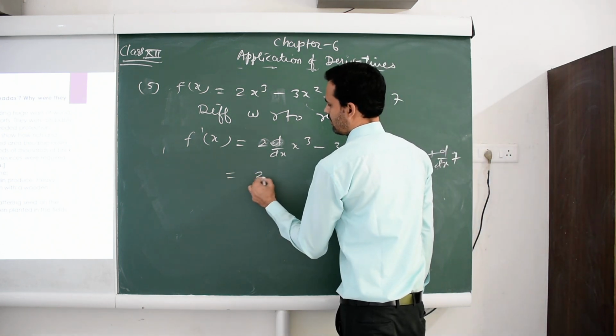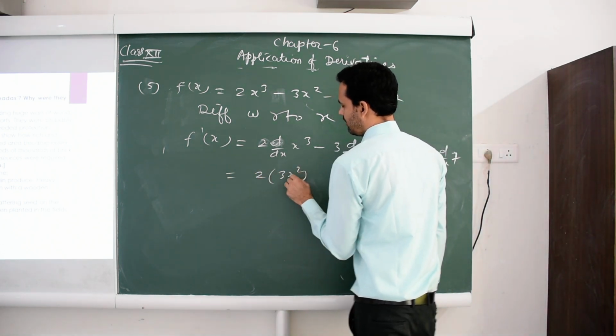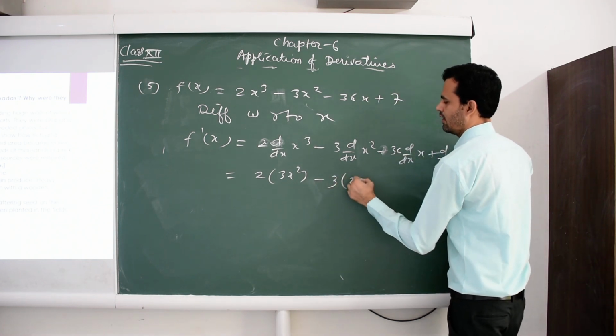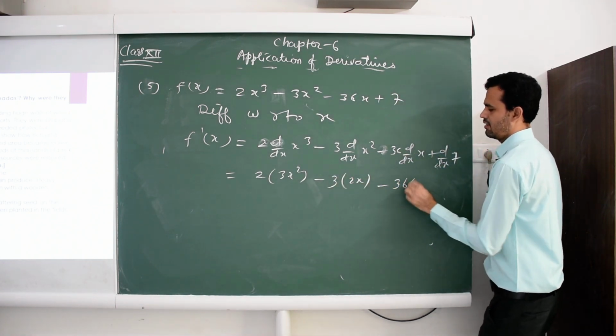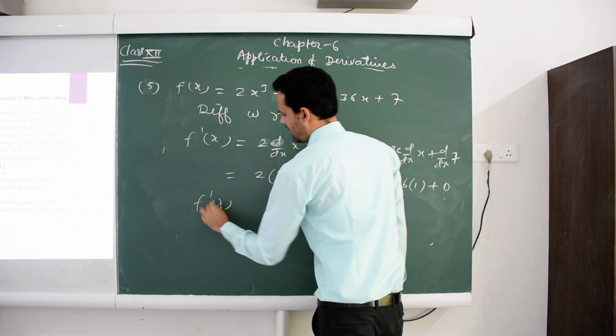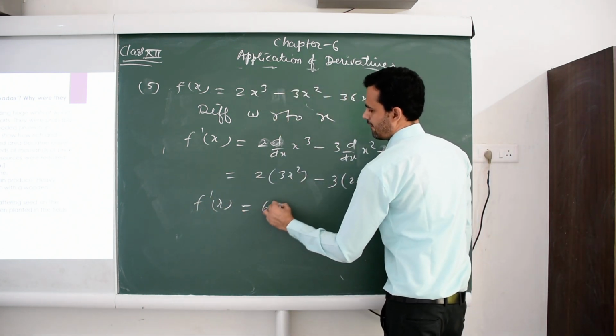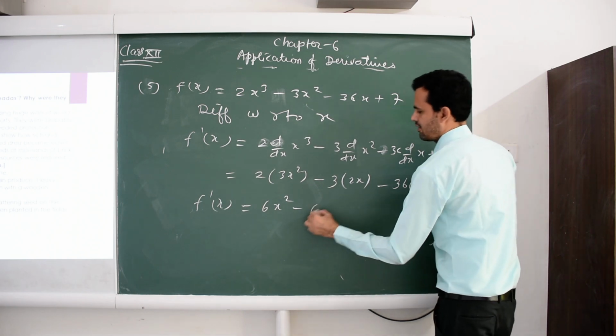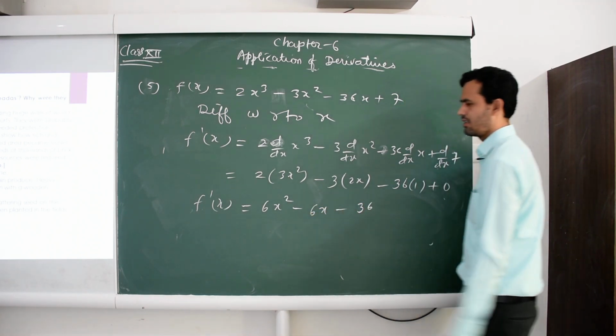So, 2 into 3x square plus 3 into 2x minus 36 into 1 plus 0. So, the value of f dash x is 6x square plus 6x minus 36.